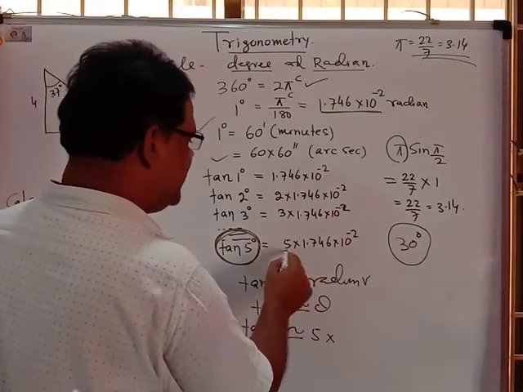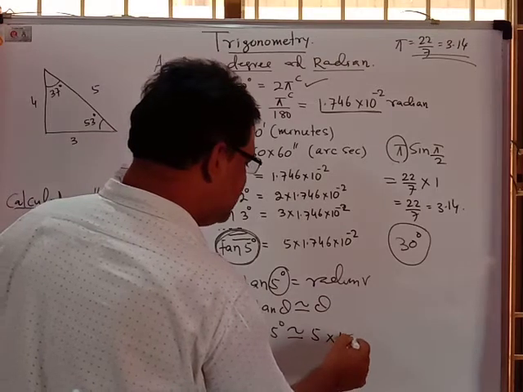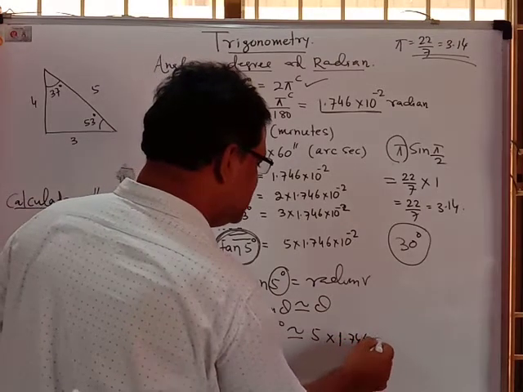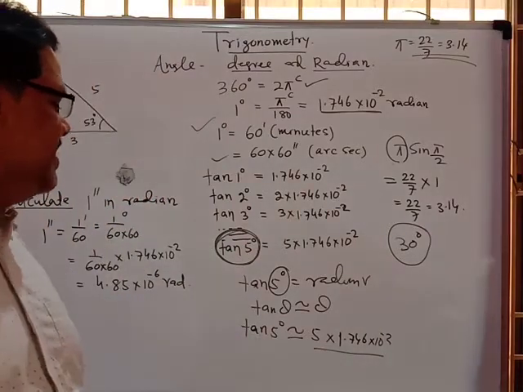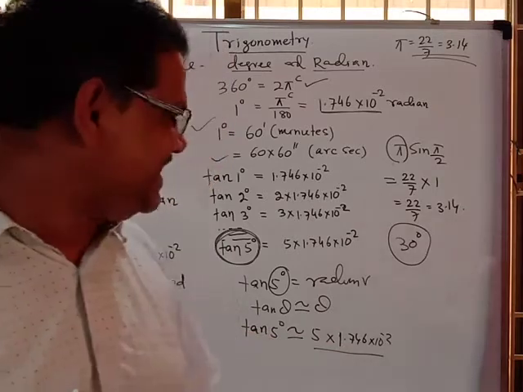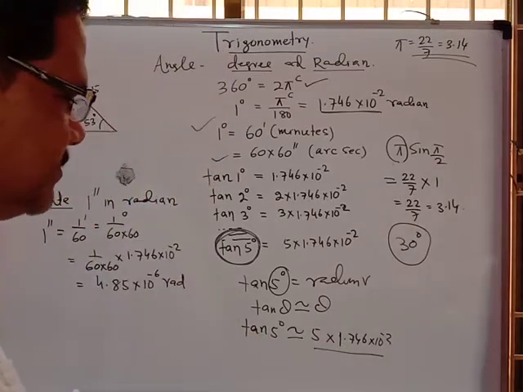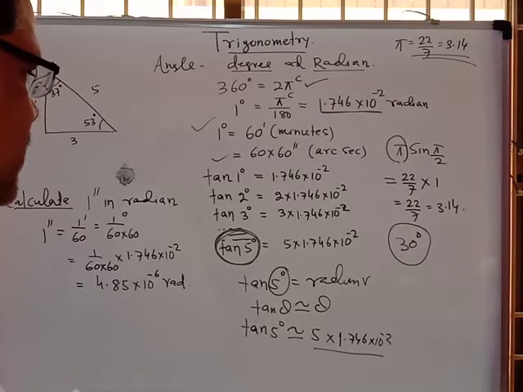You know 1 degree equals 1.746 into 10 to the minus 2 radian. So 5 into 1.746 into 10 to the power minus 2 will be its value. So tan 5 degree will be equal to 5 into 1.746 into 10 to the power minus 2, because we cannot get these values from any other source.